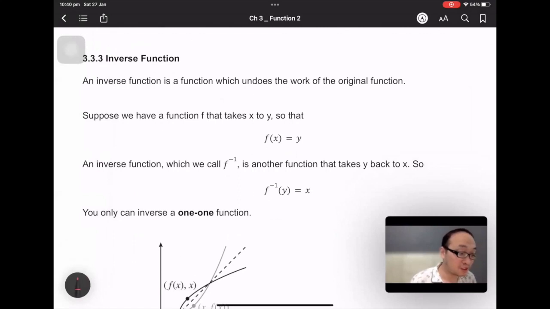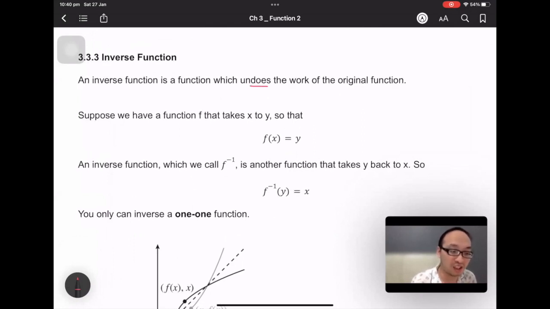This is inverse function. So inverse function is a function which undoes the work of the original function. So if we have a function f, and f is mapping from x into y, the inverse function is mapping the y back into x.